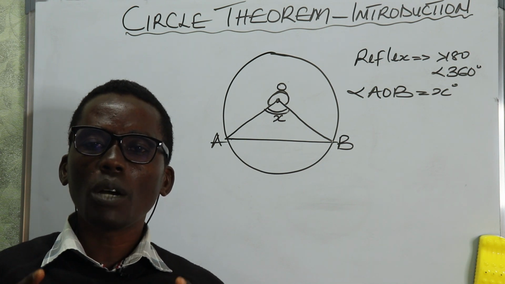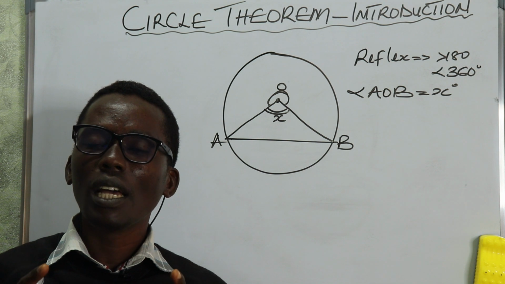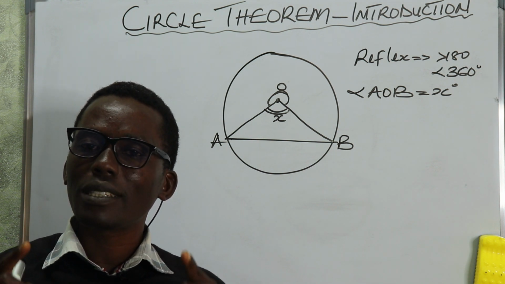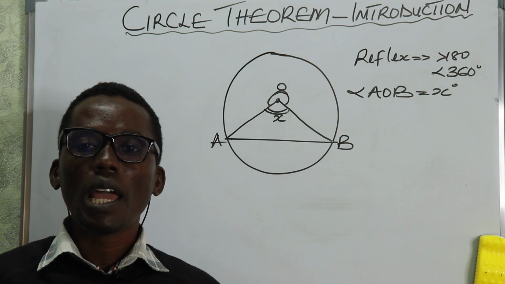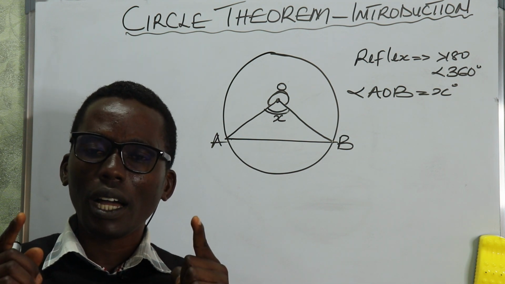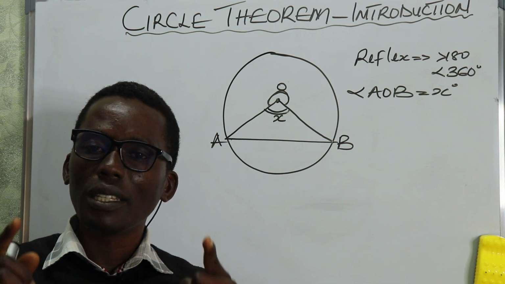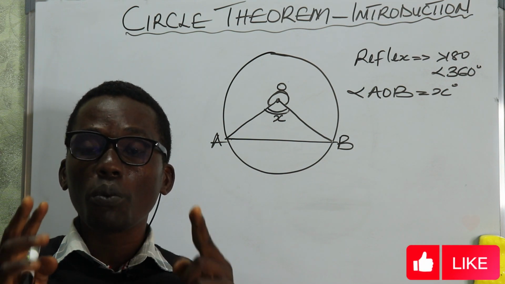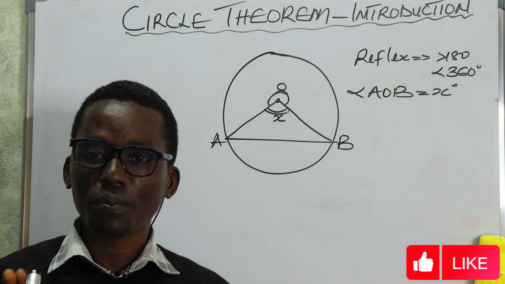Now another point I want you to note is that this chord AB can sustain an angle at the circumference of the circle, and when it sustains an angle at a point in the circumference of the circle, it also produces two angles.